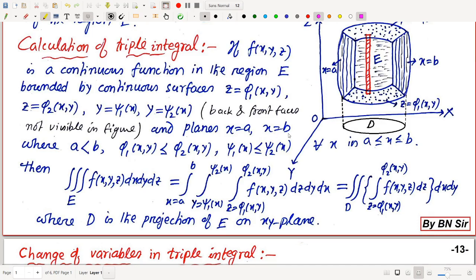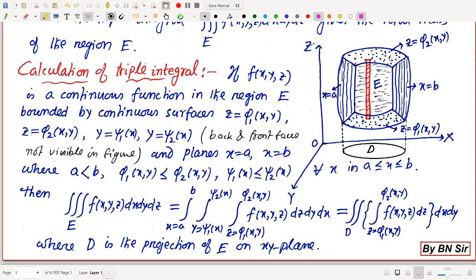The region is bounded by 6 surfaces, 2 plane surfaces, where of course a < b, φ1(x,y) ≤ φ2(x,y), ψ1(x) ≤ ψ2(x). That means z = φ2(x,y) is the upper surface, z = φ1(x,y) is the lower surface, φ1(x,y) ≤ φ2(x,y), upper surface, lower surface.